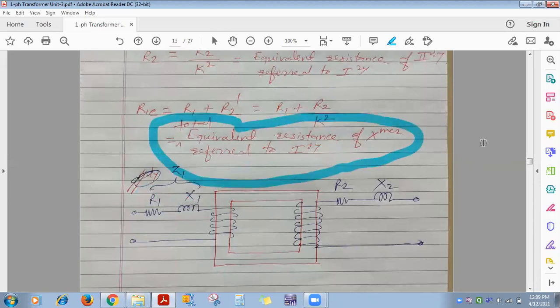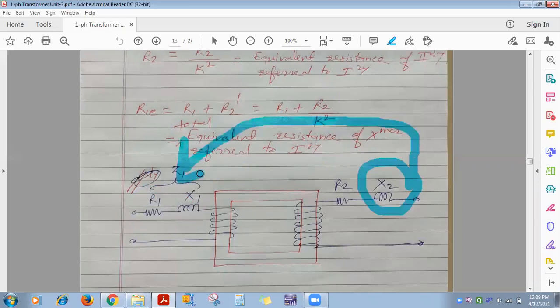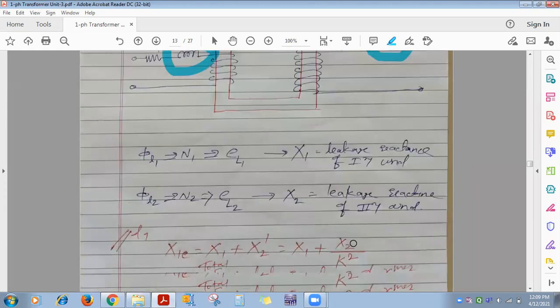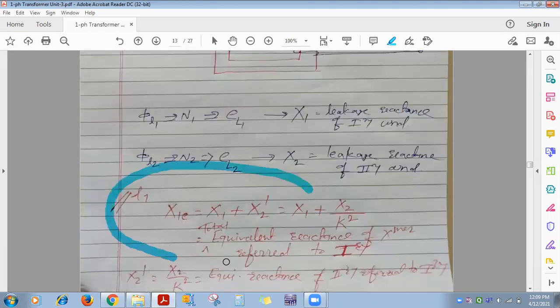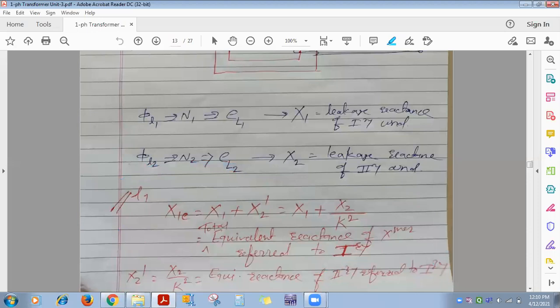Same for reactance: on the secondary side, X2 divided by K square is X2 dash, transferred to primary, where X1 is already there. So X1 plus X2 dash is the total equivalent reactance of the transformer referred to primary. That's it. Clear?